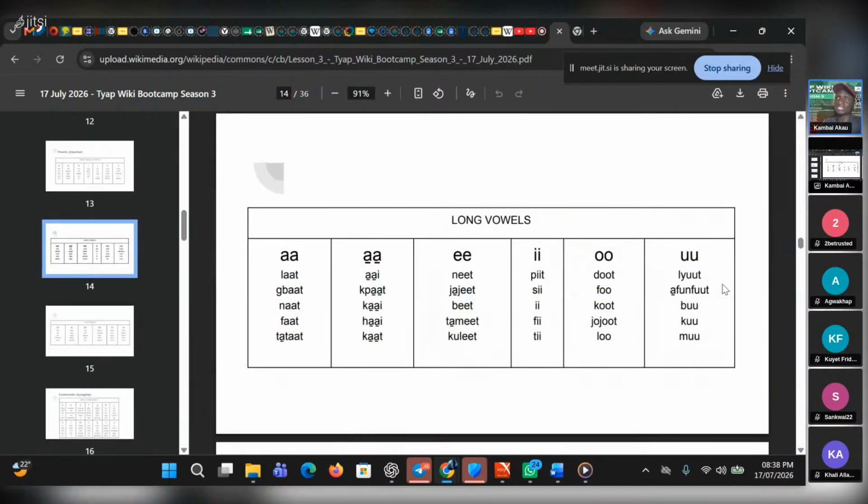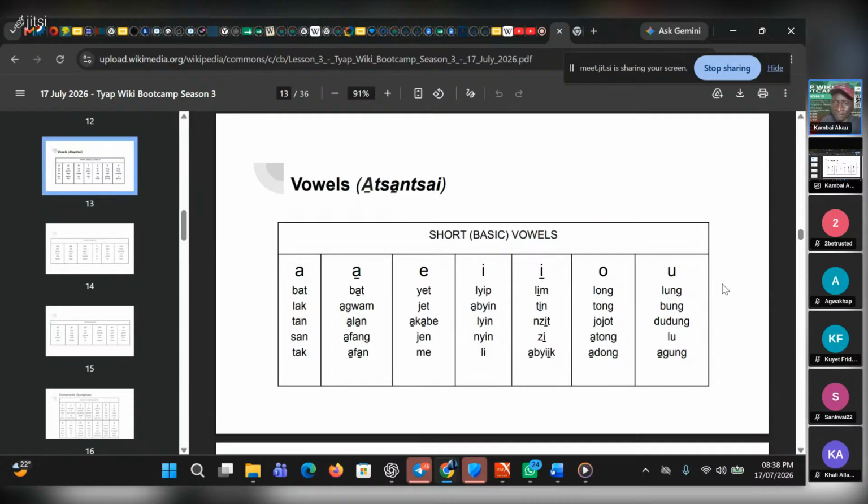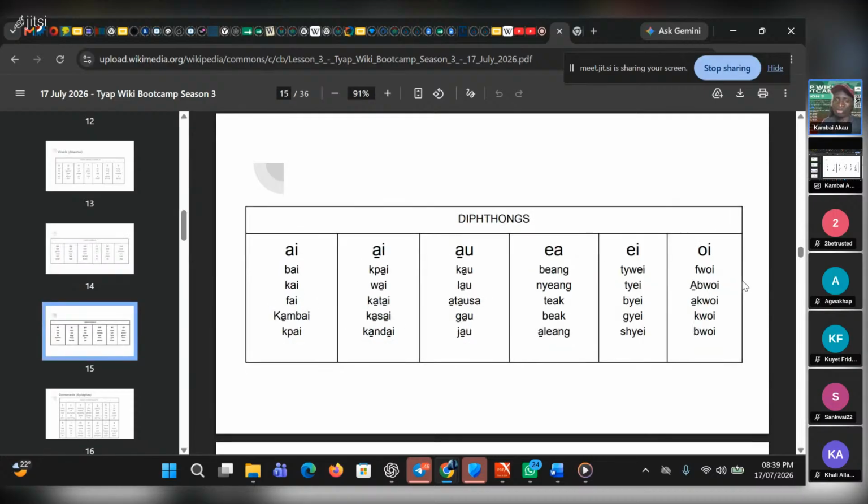In English, they will tell you that English has about 44 sounds, but among those 44, you have about 24 vowel sounds. In Tiap, we have about seven basic vowel sounds, plus the long ones, and plus the diphthongs.